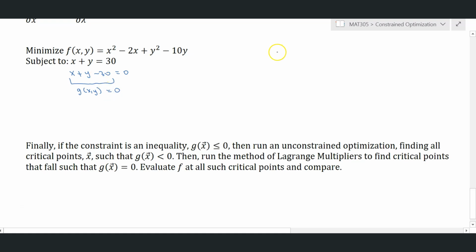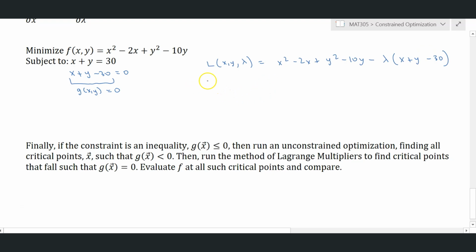We have one constraint, so what we need to do is formulate the Lagrangian. The Lagrangian, and I'll write those inputs as scalars instead of as a vector, is going to be f of x, y minus lambda times g of x, y, which will be x plus y minus 30.